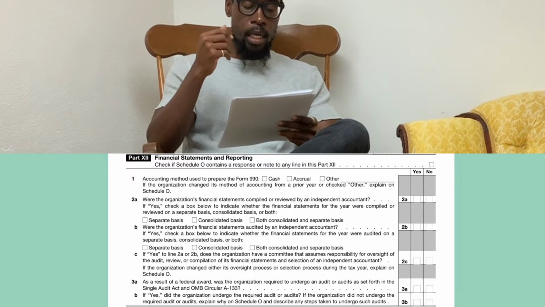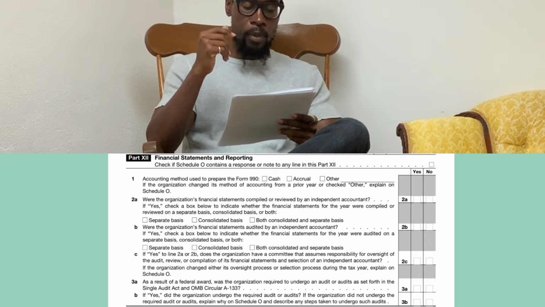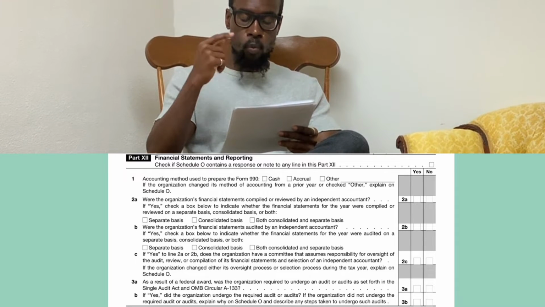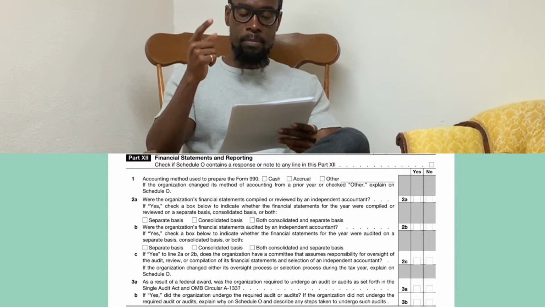So this is asking the board. It's asking the board this information. The board should know it. 2A, were the organization's financial statements compiled or reviewed by an independent accountant?